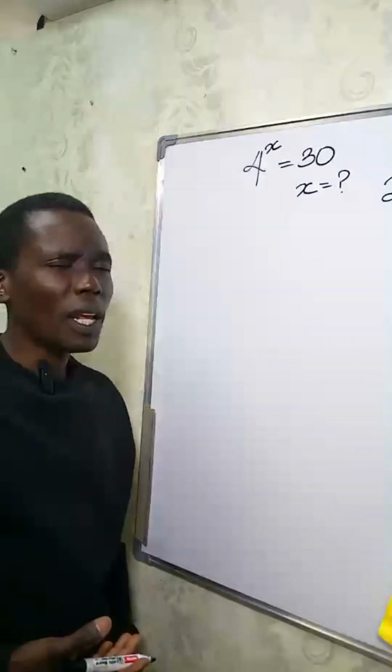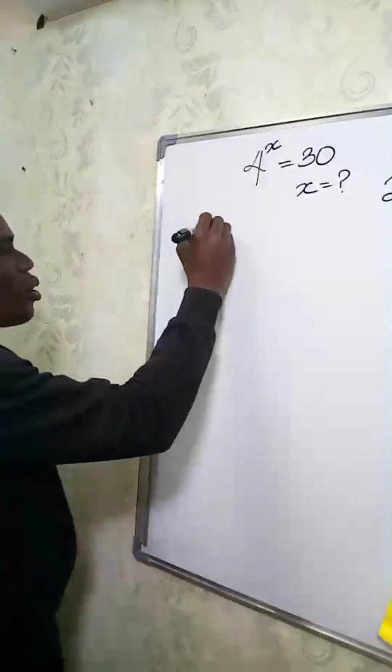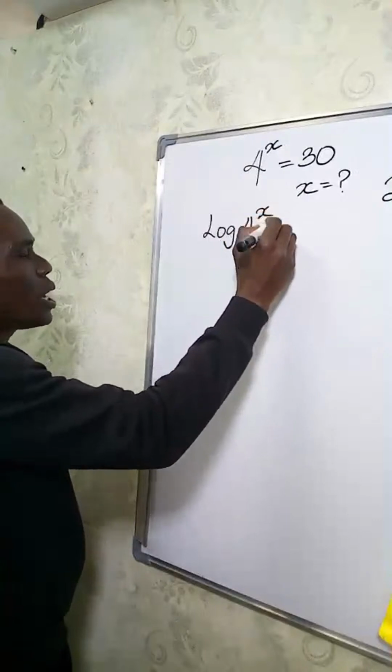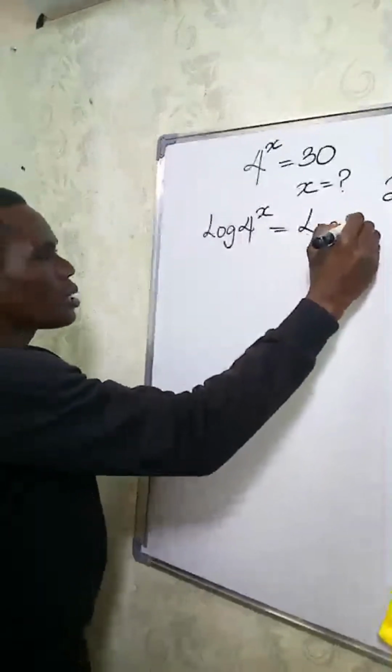Now, how do we play around with that? Let's look at that. We're going to take the log of both sides, which is the log of 4 to the power of x, and that will be equal to the log of 30.